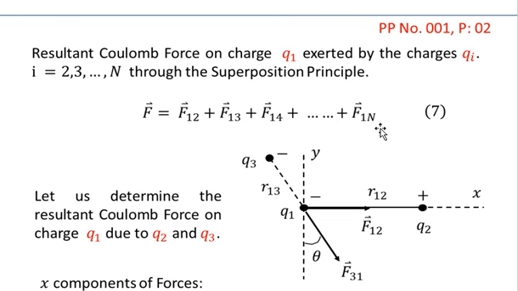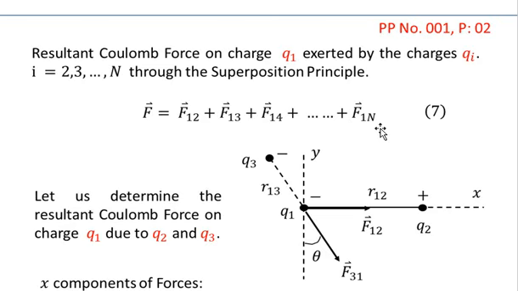And you know that we shall add these forces vectorially. Don't make the mistake of adding them in magnitudes, because these are vector quantities. All the forces exerted by charge 2, charge 3, charge 4, and so on on the charge Q1 will be vector quantities.